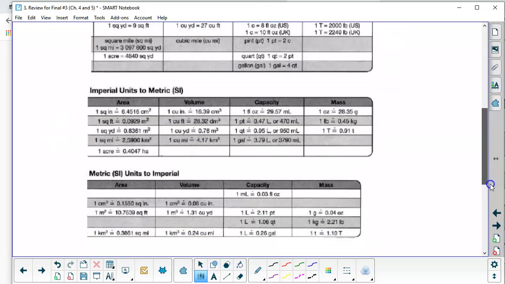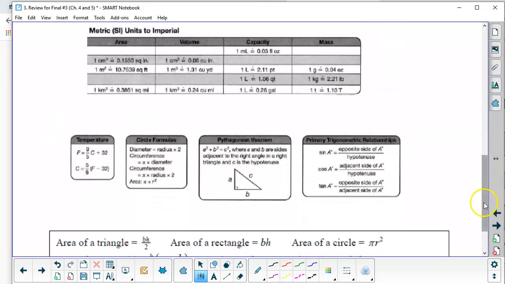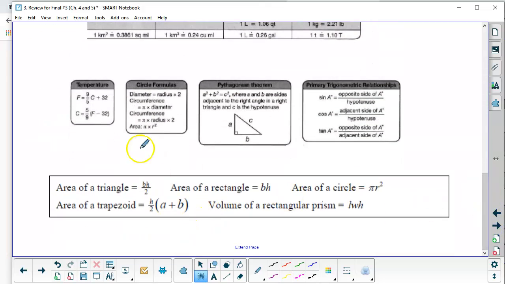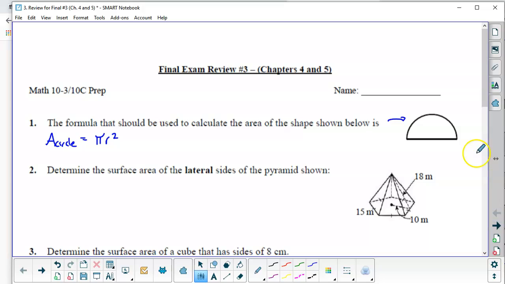So metric, imperial, and then, yeah, so in your workbook, there's the area of a circle, pi times r squared, and then we'll give you some extra ones as well on your final exam. Okay, so semicircle then is half of that. So semicircle will be a half pi r squared, or you could show it as pi r squared divided by 2.